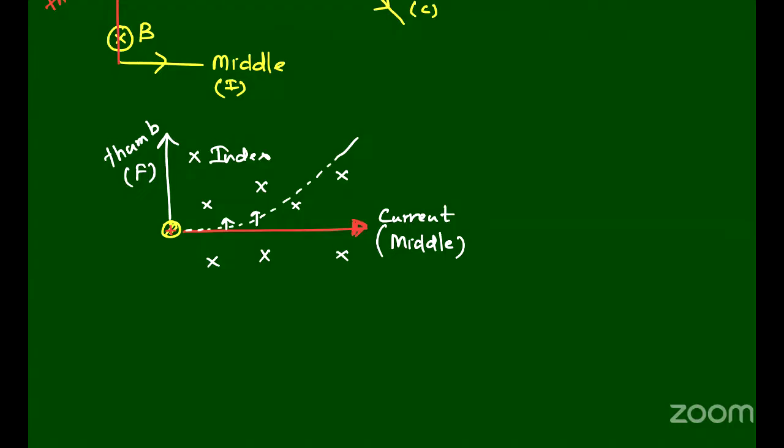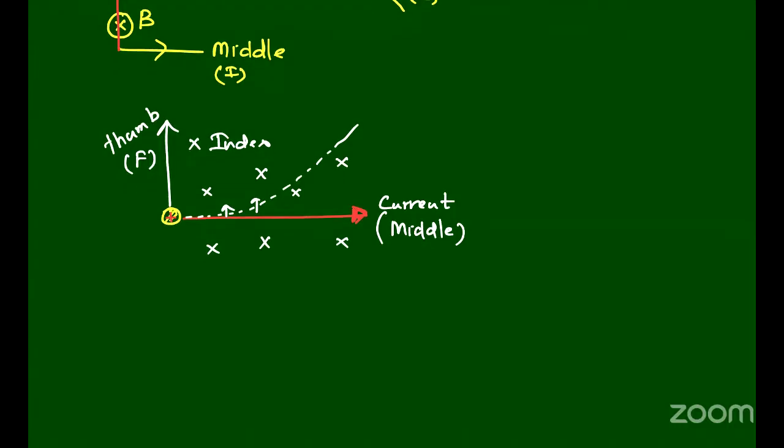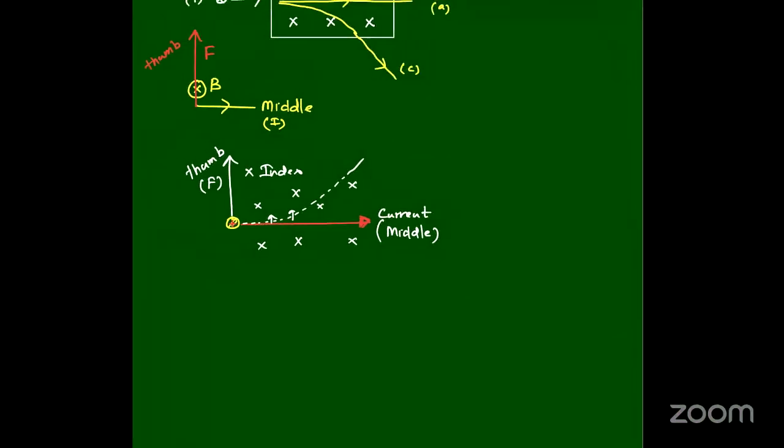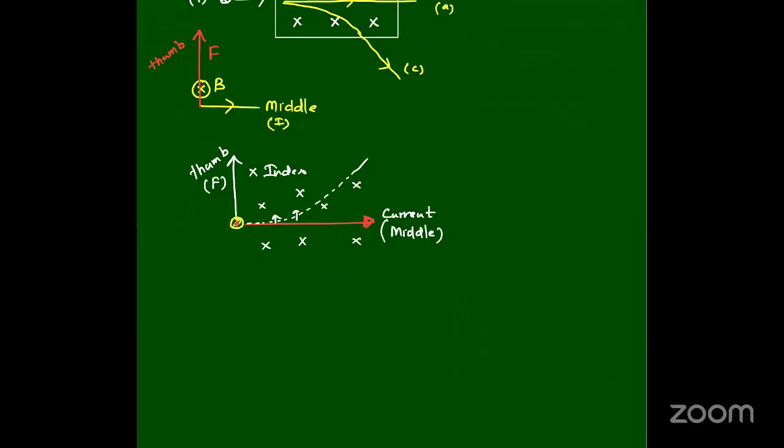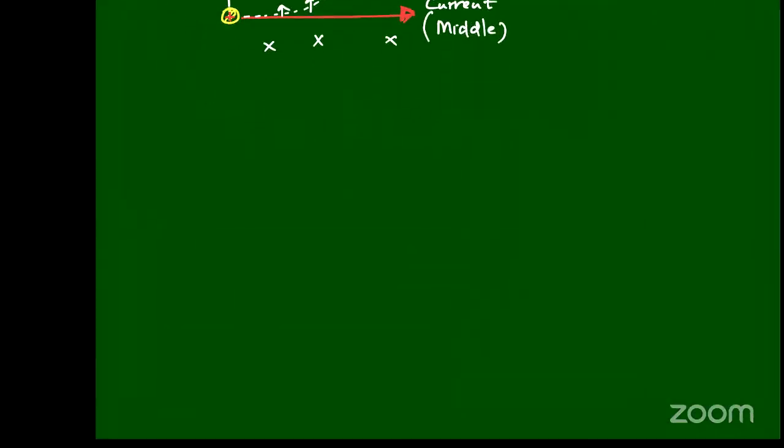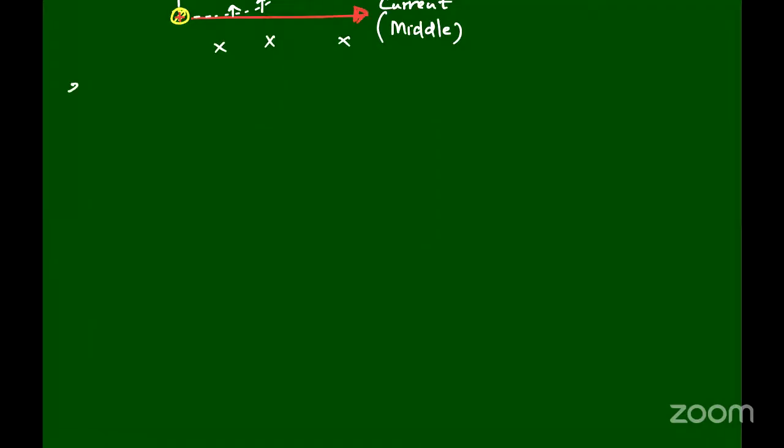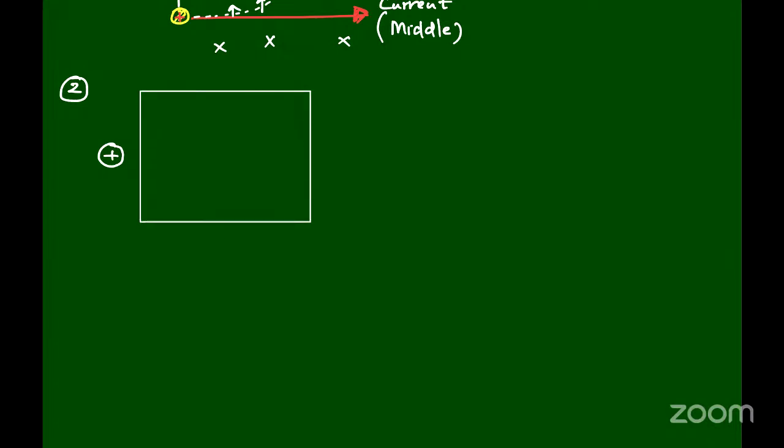So I'll give another question, something like this. Then try to apply Fleming's left-hand rule and get the direction. Question 2. In this manner, I'll use the same particle, a proton. Now it is entering into a magnetic field.